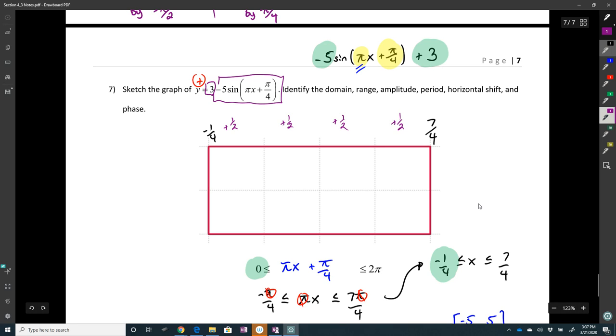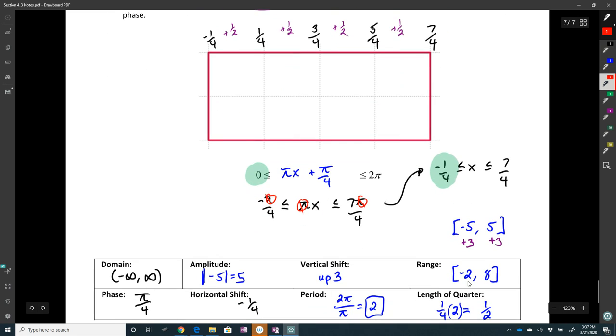So negative 1/4 plus a half is positive 1/4. You can use your calculator if you want. Plus a half gives me 3/4, plus another half is 5/4, and then we have 7/4 on the other side.